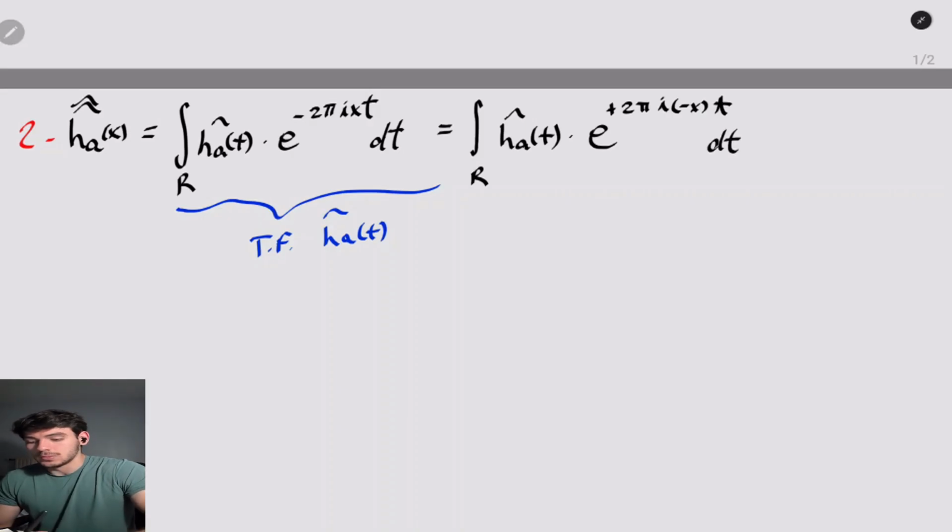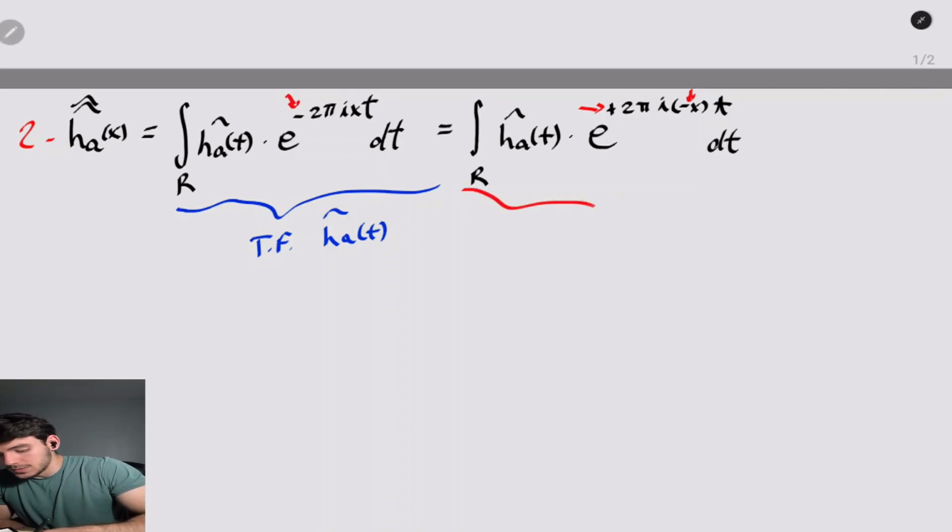Okay, so I've just moved the minus sign here. I put it along with the x, so it's minus x. So if we consider it like this, the power here is positive, that's the formula of the inversion of the Fourier transform. So this is the inversion.